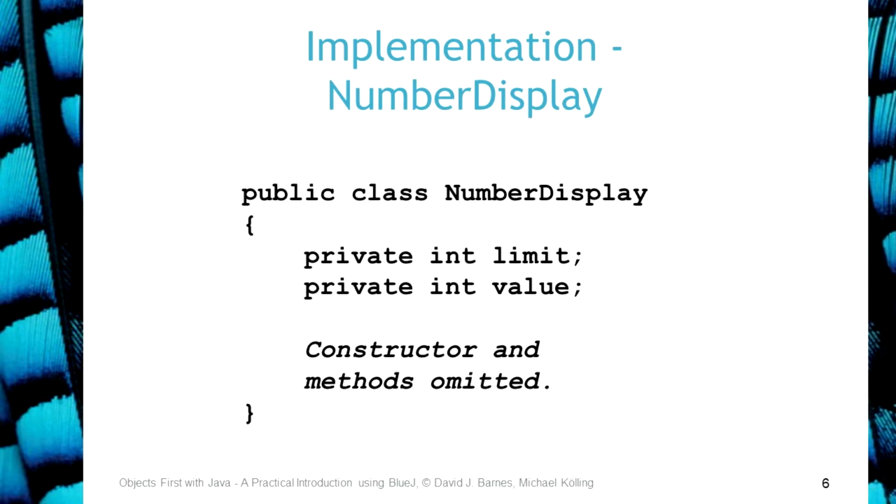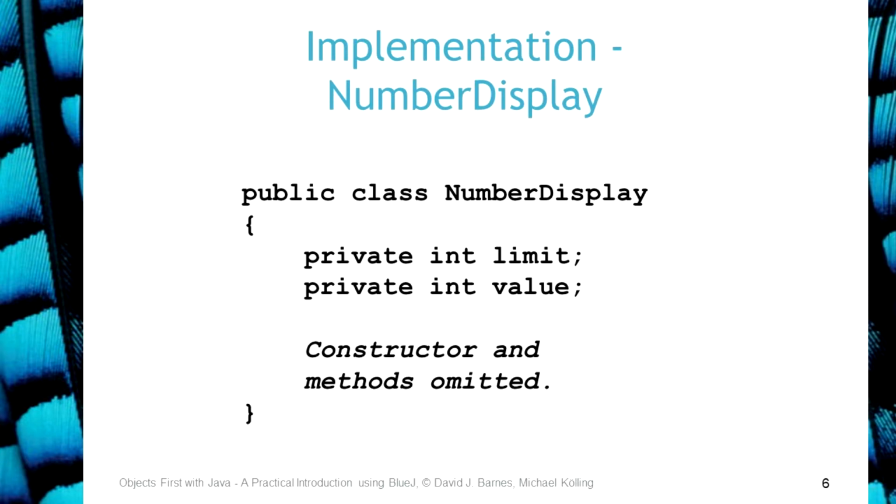As discussed previously, in order to build the clock display, we will first build a 2-digit number display. And this display needs to store 2 values. One is the limit to which we can count before rolling over to 0, and the other is the current value, and we shall represent both of these as integer fields in our class.